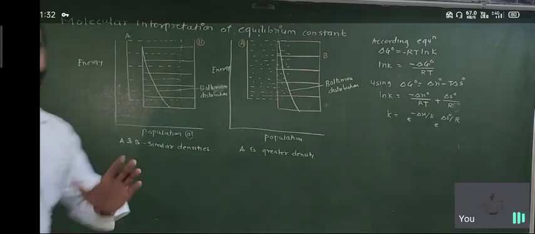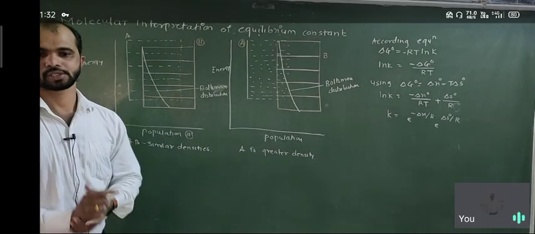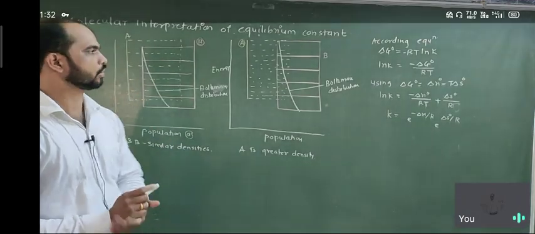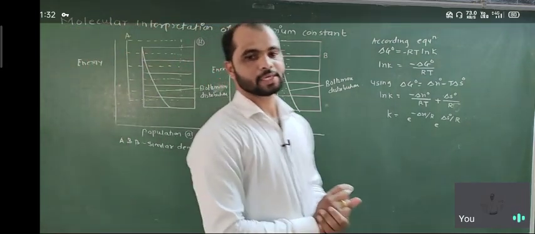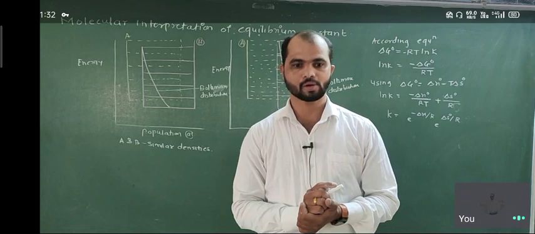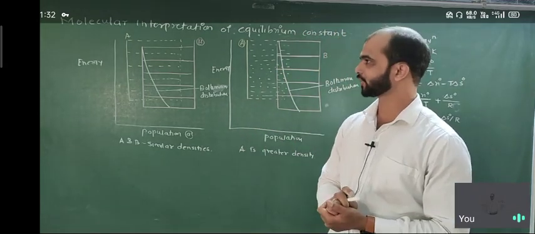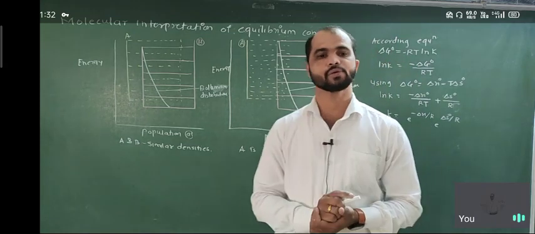Okay, the second point is the molecular interpretation of the equilibrium constant. You know the equilibrium constant indicates the specific composition of reactant and product when the reaction reaches the equilibrium point.